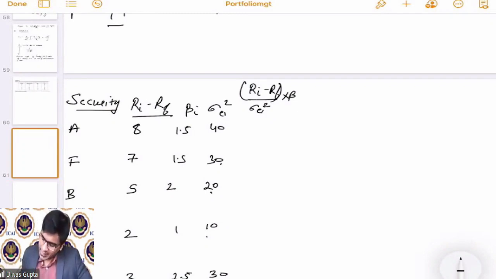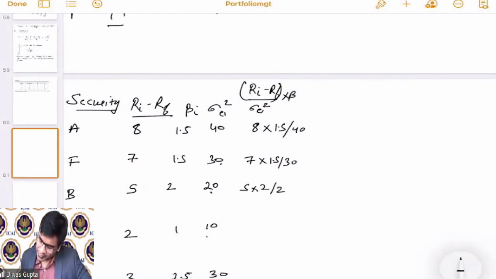So Ri minus Rf is already there: 8 multiplied by beta of 1.5, this whole divided by 40, correct? Then 7 multiplied by 1.5 divided by 30. 5 multiplied by 2 divided by 20. 2 multiplied by 1 divided by 10. 3 multiplied by 2.5 divided by 30.